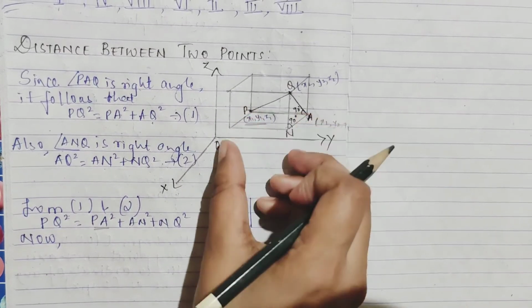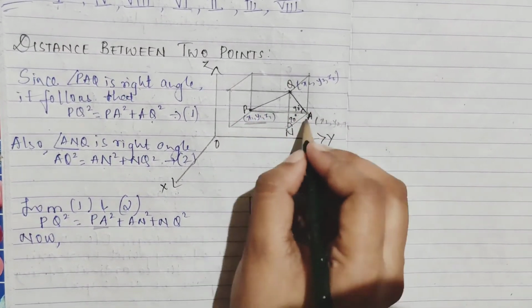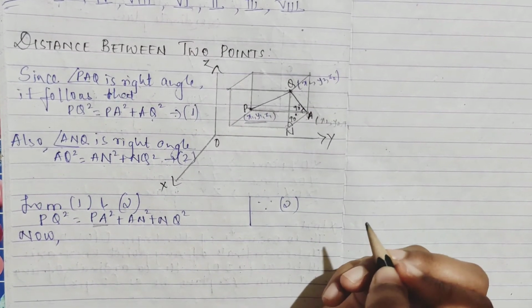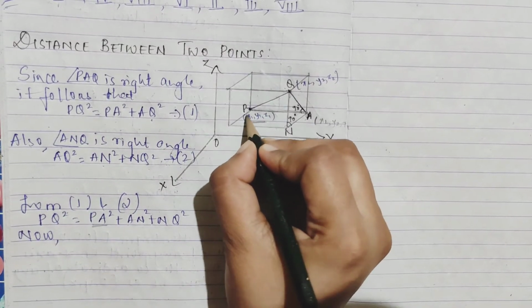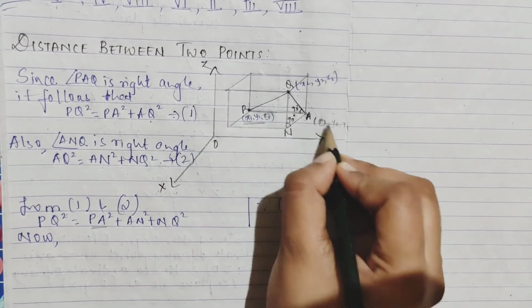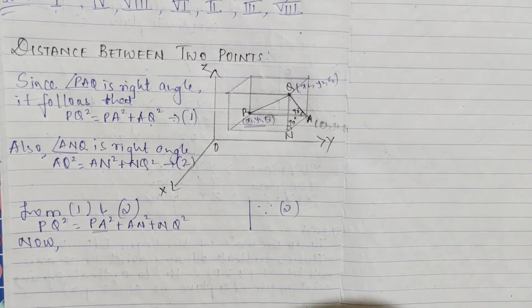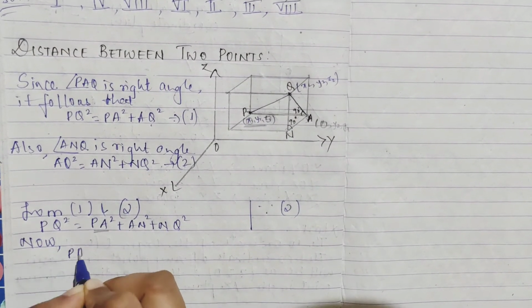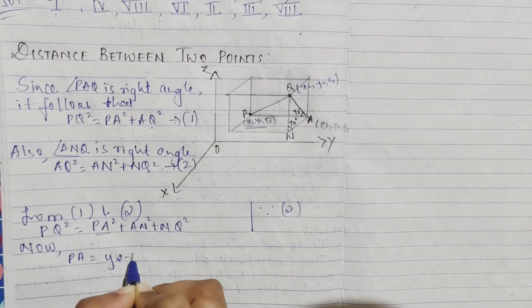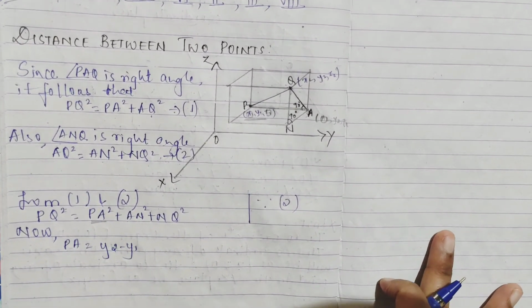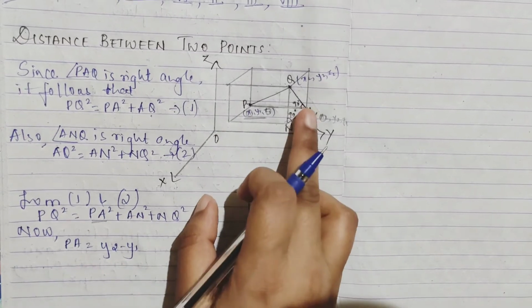But this is parallel to the y axis, meaning it is on the y axis. So your x and z will be 0 and you will have y1 and y2. So what will you get for PA? If you find it, you will get y2 minus y1. So the distance of this is y2 minus y1.